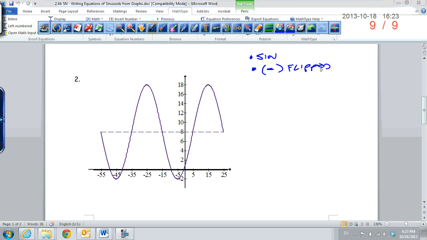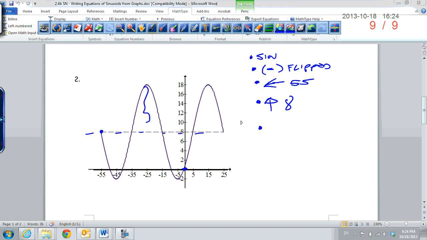The next thing is, normally it starts here at 0, but it moved all the way over to the left 55, and that tells us it's going to be a plus 55 on the inside of the equation. Next thing is that normally it's here again for the y's, so we can see that my sinusoidal axis jumped up 8 units.